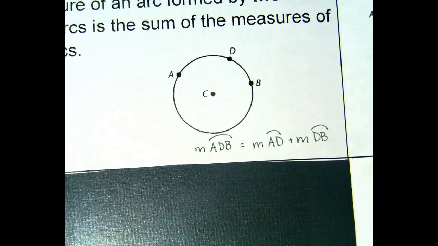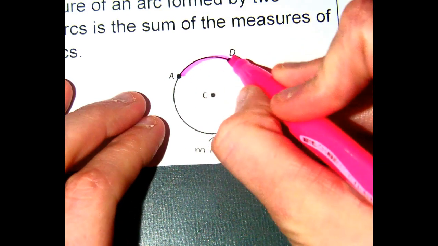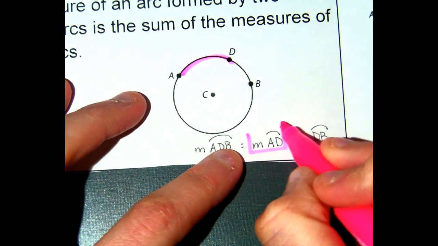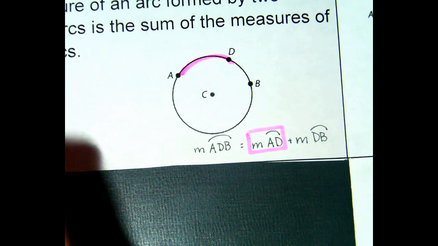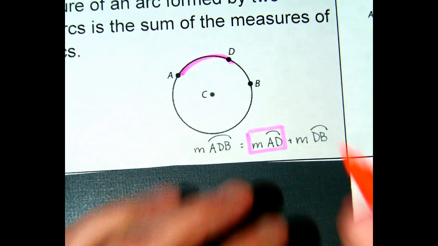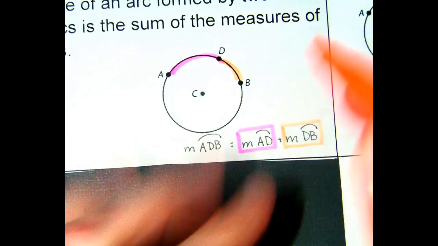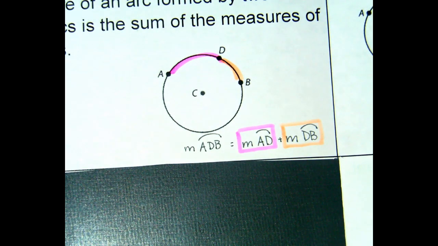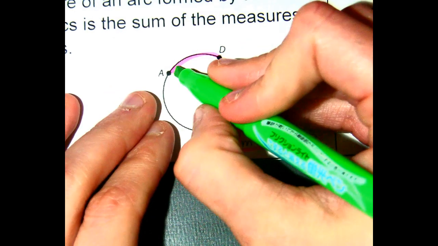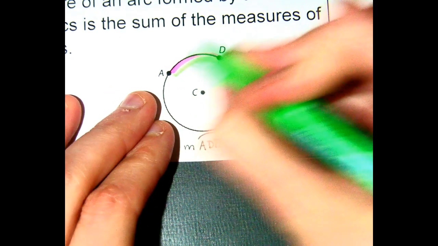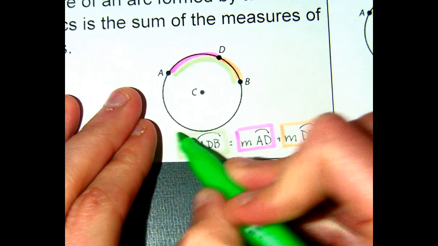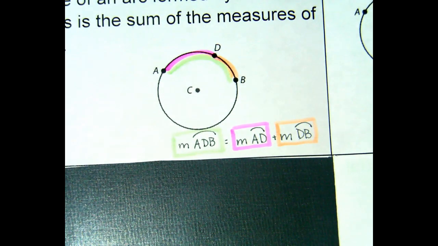We just didn't realize that it was a postulate. So that piece added together with this piece is equal to the entire arc. We're going to use that to solve the problem to the right there.